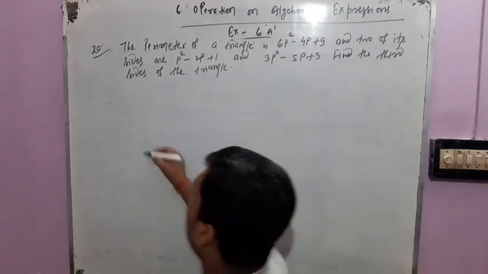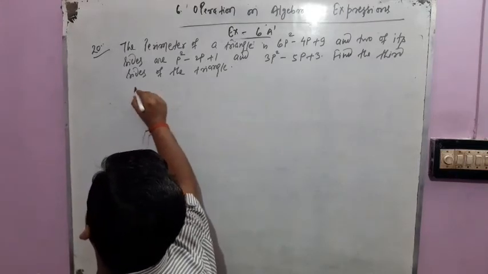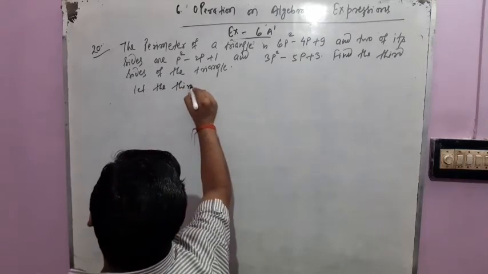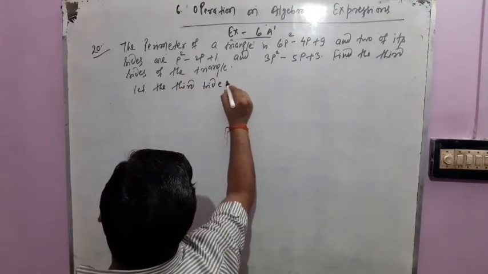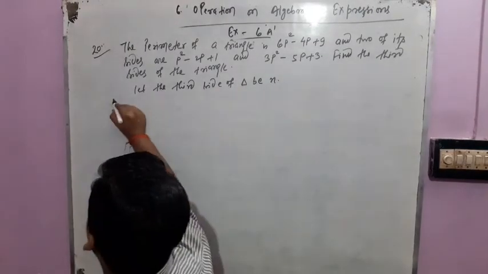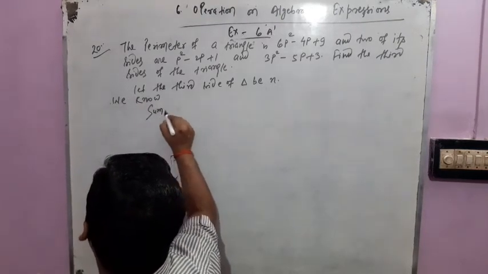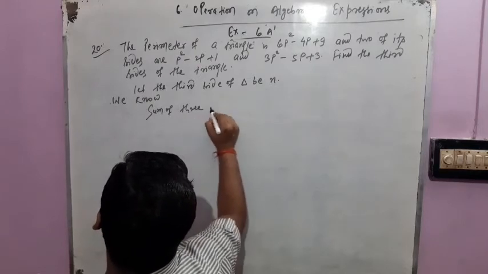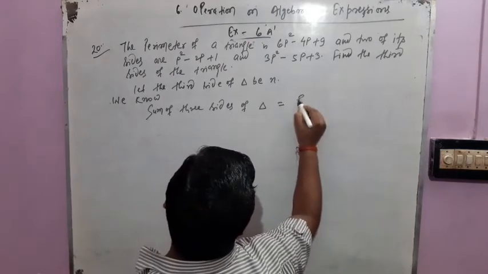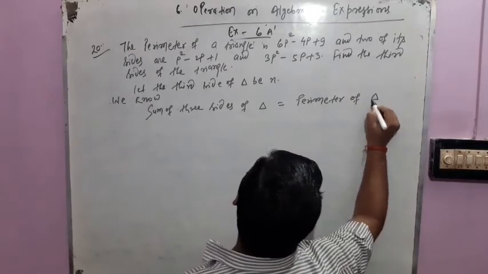So we can write here: let the third side of the triangle be x. We know the sum of three sides of a triangle is equal to the perimeter of the triangle.